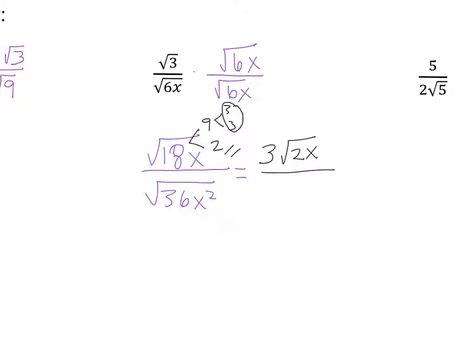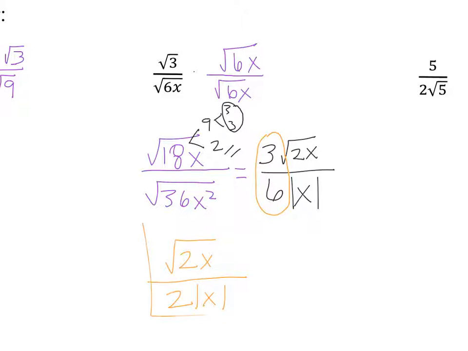And on the bottom, square root of 36 is 6, and the square root of x squared is x. This is where you have to have the absolute value. But now, I notice once I simplify that, I can simplify this right here. So what I actually have as my final answer is the square root of 2x on top over 2 absolute value of x. So I want you to try the next one by yourself.